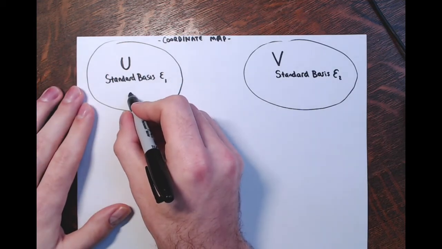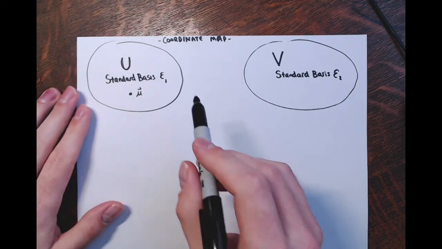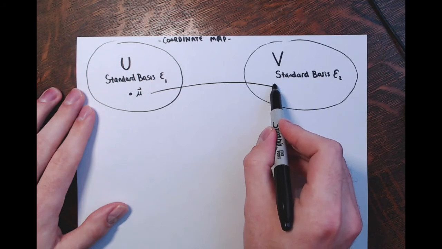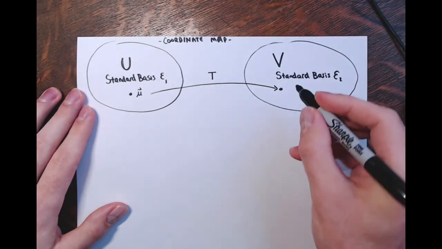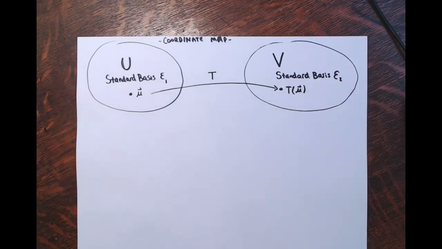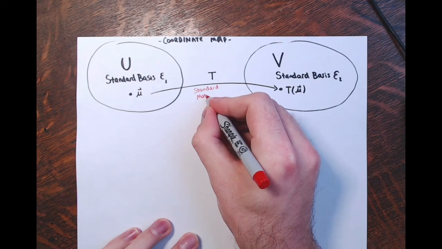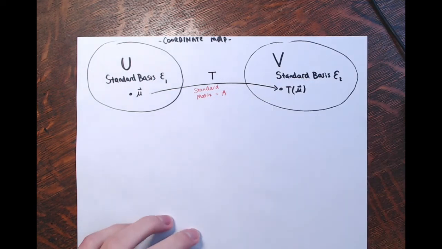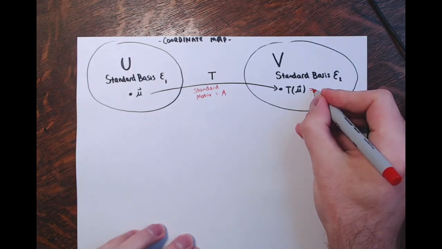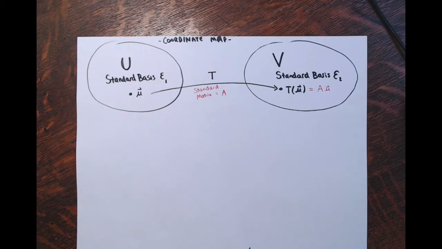If I take a vector from U called U, written in coordinates relative to the standard basis, I can just plug it into T, and that would give me T of U. Another way to say this is I could also take U and multiply by the standard matrix for T, which in previous sections usually was called A. So this T of U could be represented by A times U. When I multiply those, I get the coordinates of the output relative to the standard basis E2, the standard basis for V.